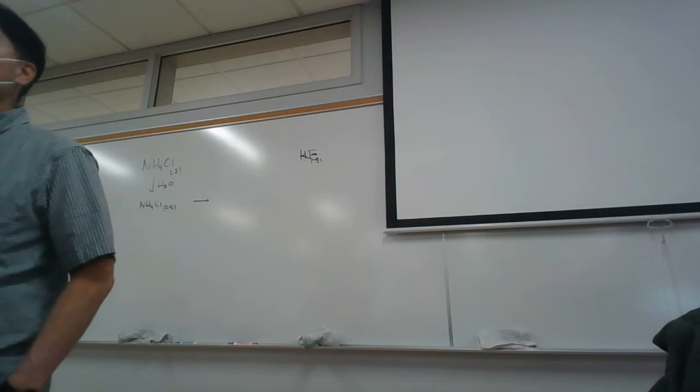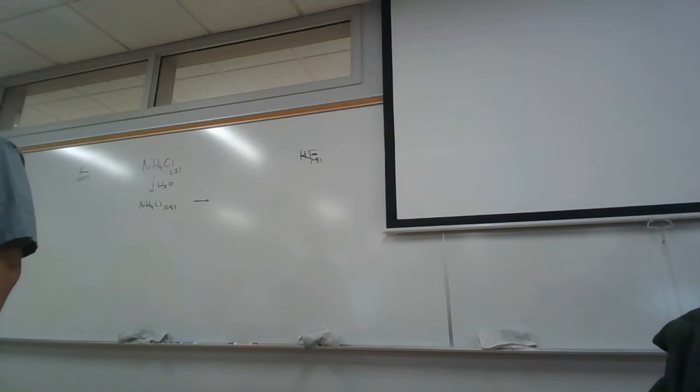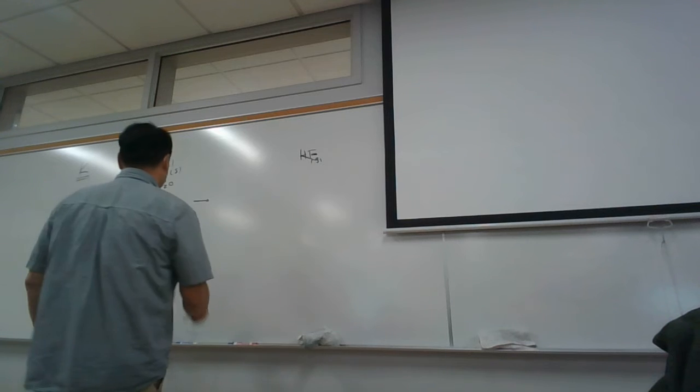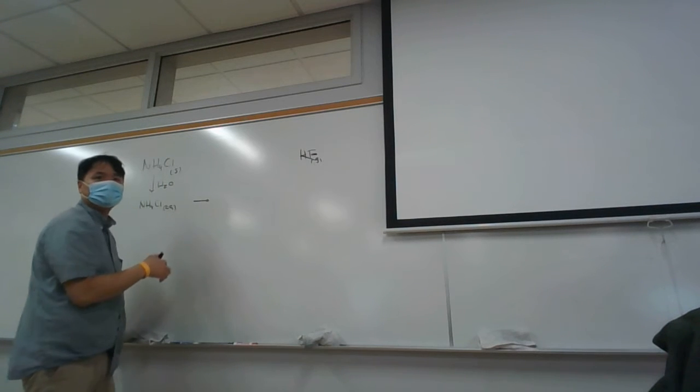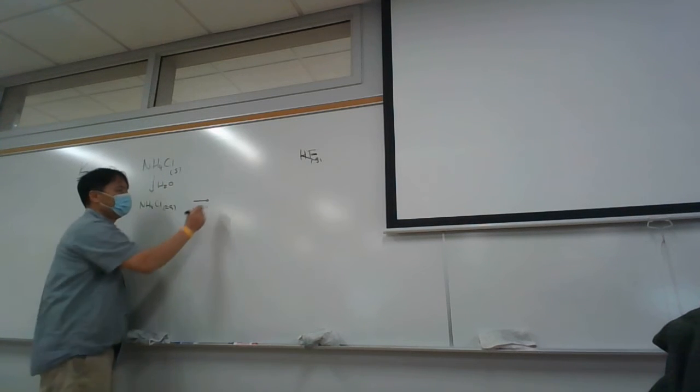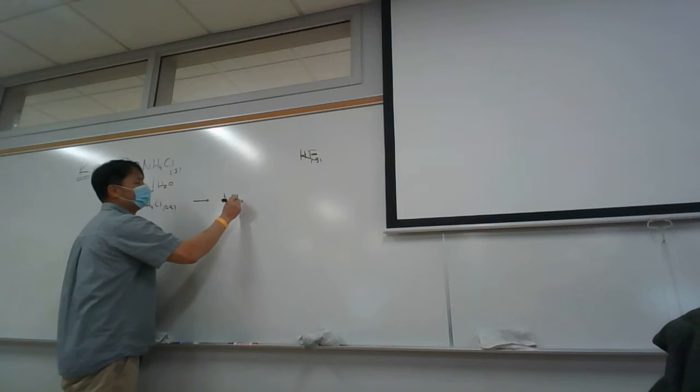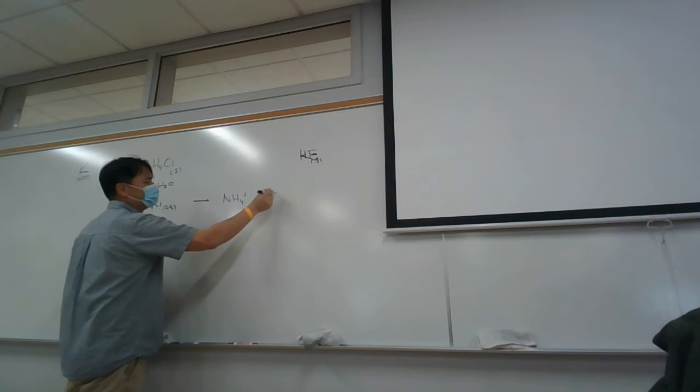Strong acids and strong bases. Yeah. So the strong electrolytes are the soluble salts, the strong acids, and the strong bases. And we know that strong electrolytes do what? They dissociate completely. So this is going to consist of ammonium ions and chloride ions.